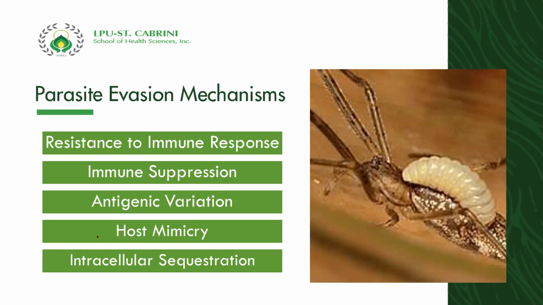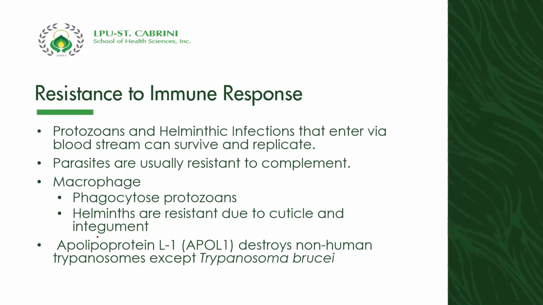So let's discuss one by one. When we say resistance to immune response, take note, people, that protozoan and helminthic infections that enter via the bloodstream or tissue are often able to survive and replicate. Why? Because they are resistant to the host's innate immune response. Okay?